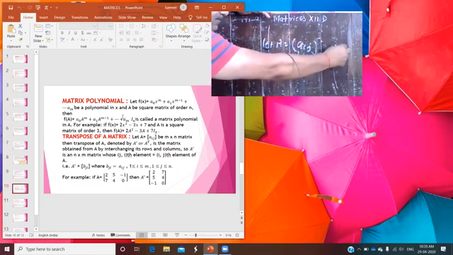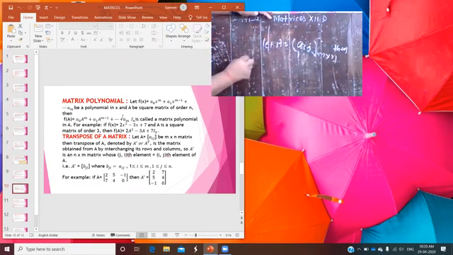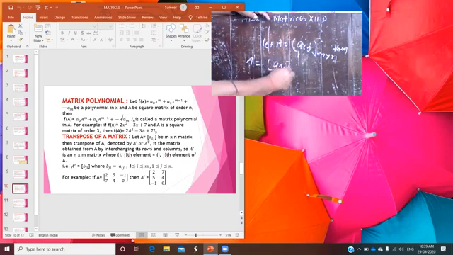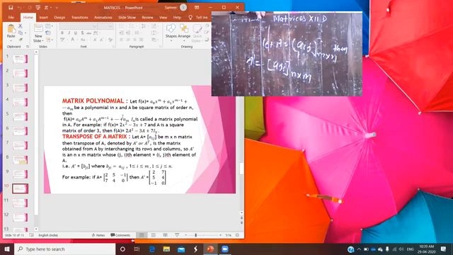Then the transpose of matrix A', is equal to [aji] of order n by m. This means the transpose of a matrix is obtained by interchanging the elements of rows and columns.